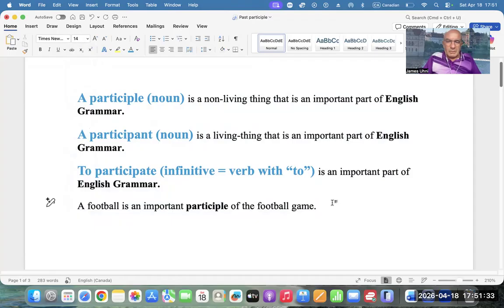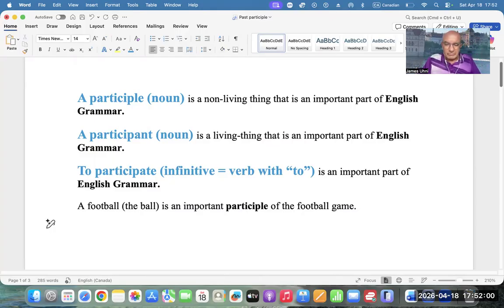All right, here we have an example. A football is an important participle of the football game. Football is the ball. So a football, and I will explain it. The ball is an important participle of the football game.